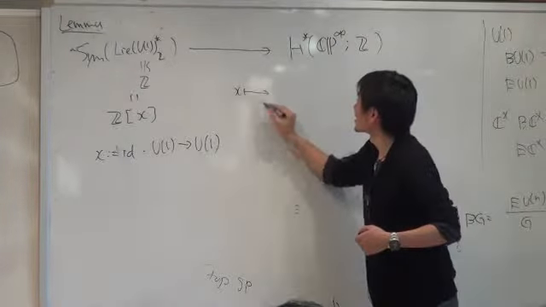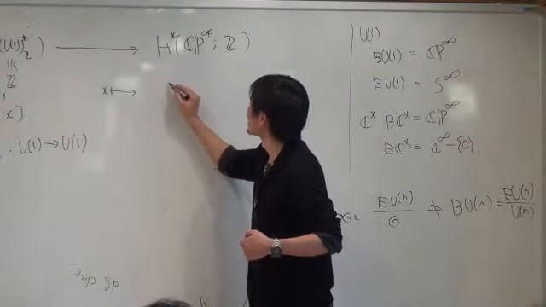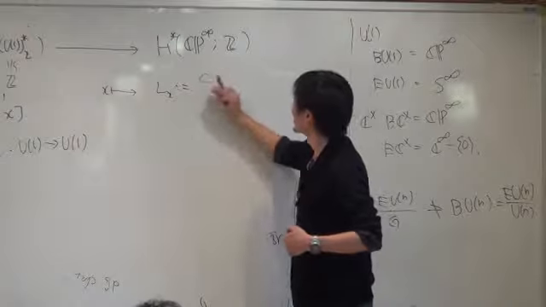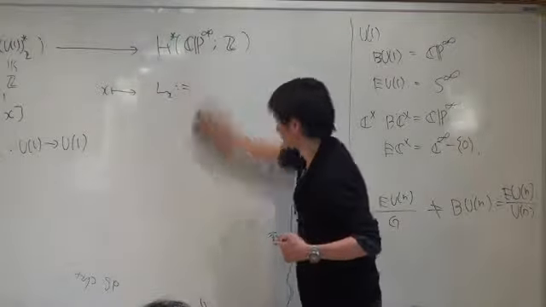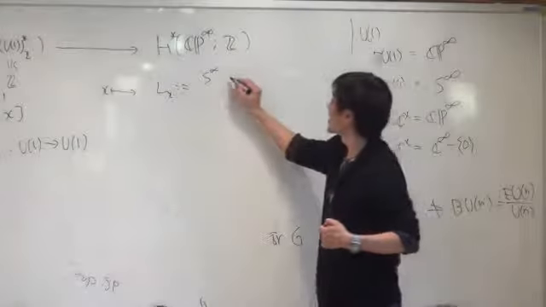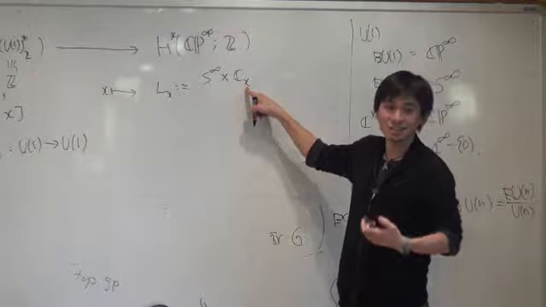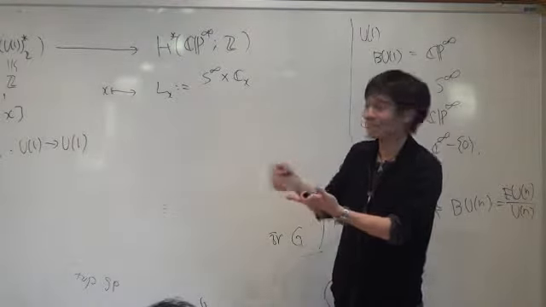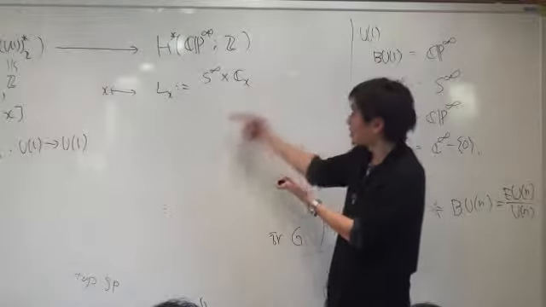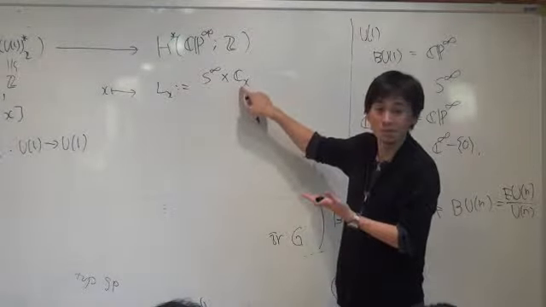You send X to a line bundle L_X, which is defined by taking S infinity and a product with the representation associated to X. On this C, U1 acts through this character, which is the identity map, so it's just the usual representation.